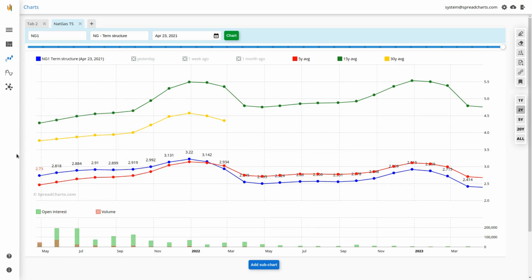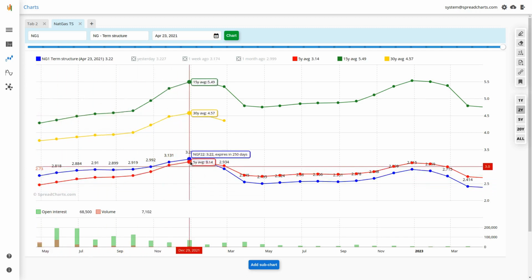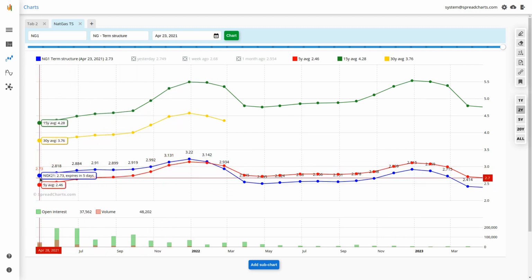But this information alone is not very useful because even though the market is cheap, it can stay cheap for a very long time. And the 5-year average is the proof, because you can see that the natural gas is not cheap just this year. It's been cheap over the last 5 years.